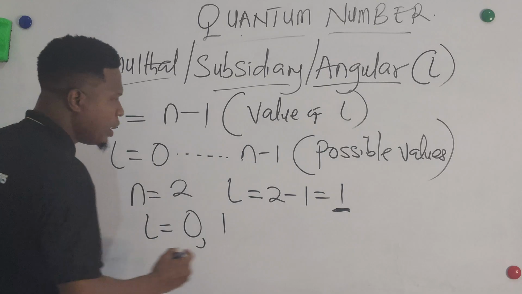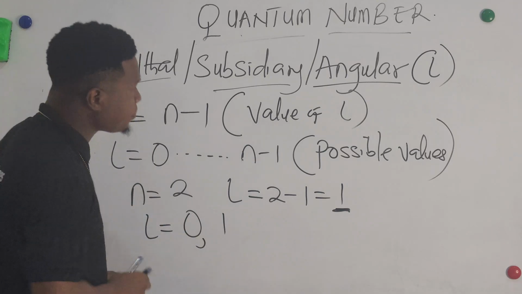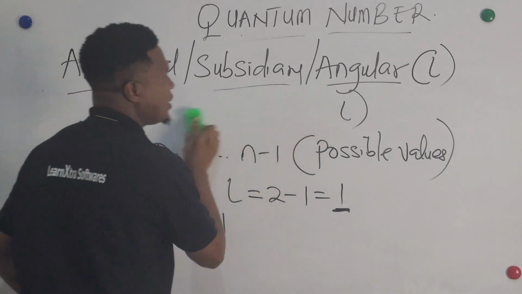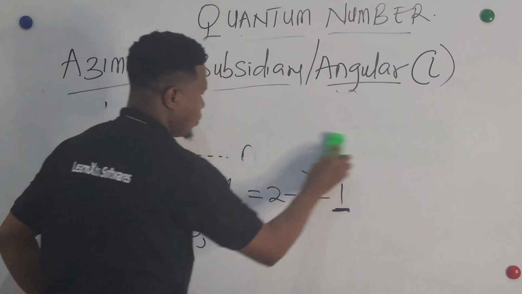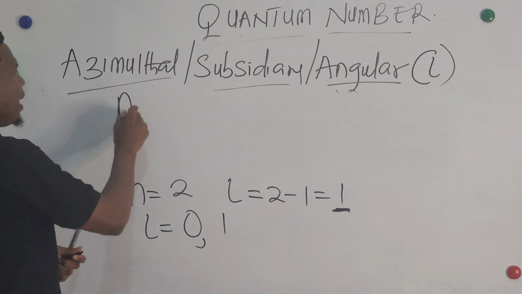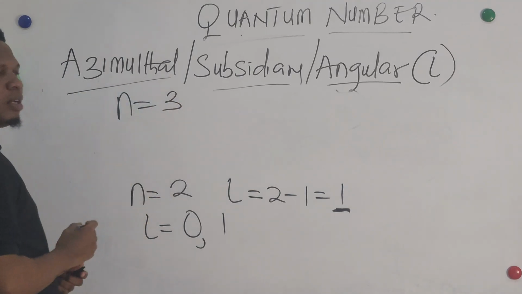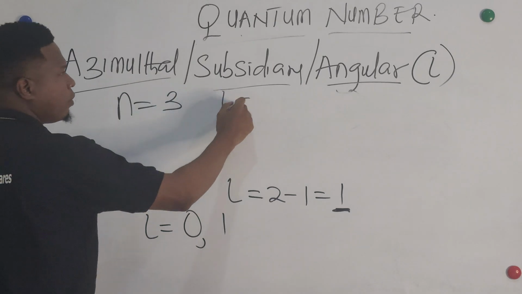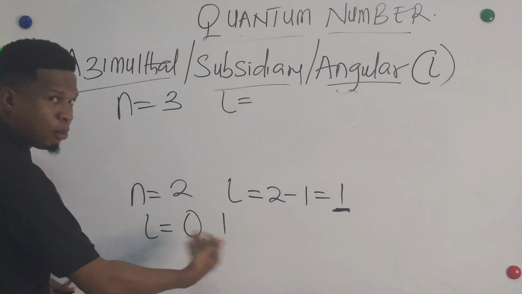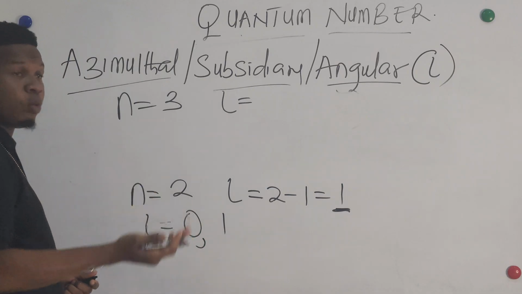Let's take another example. Let's assume again that we know the principal quantum number to be 3, and you are told to find the value of L. Remember, value is just one value. Possible values are more than one, or it could be just one depending on what you're looking at.